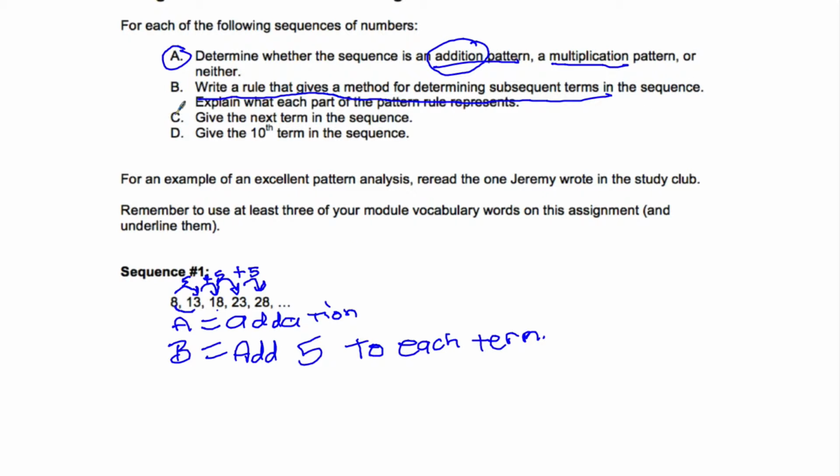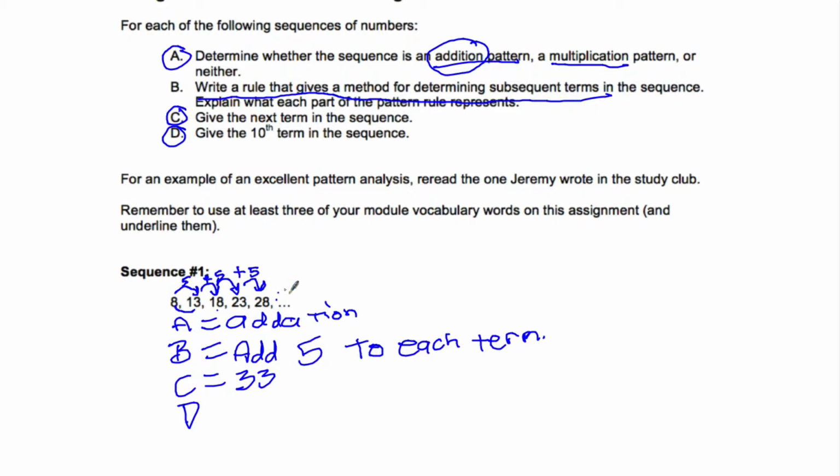Okay? C. Give me the next term in the sequence. Well, if it's adding 5 each time, the next one would be 28 plus 5, which would be 33. And D, give me the 10th term in the sequence. Just keep it going.